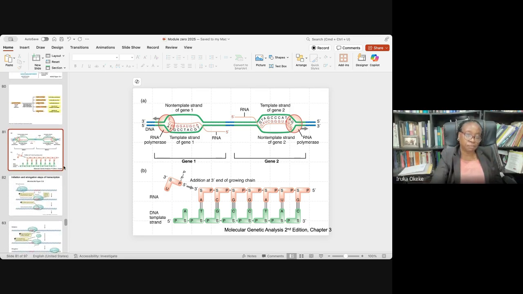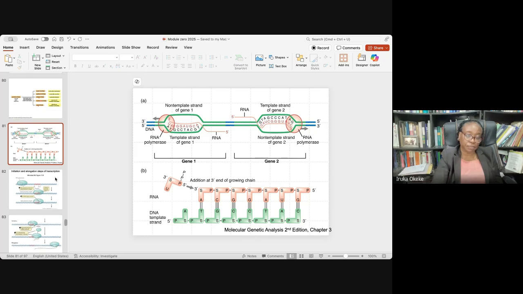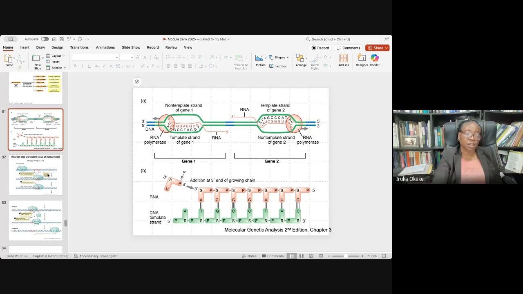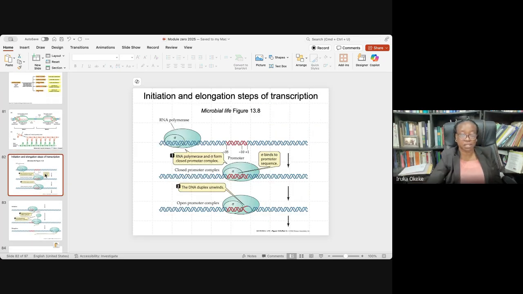Now, how does transcription work? RNA polymerase has many subunits. The subunits that do the transcription are called the beta and the alpha subunits. Okay? However, they cannot on their own accord land on DNA, separate the strands, and start transcribing.